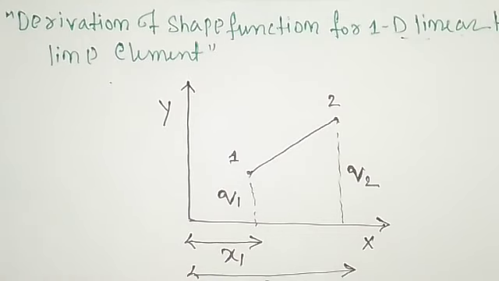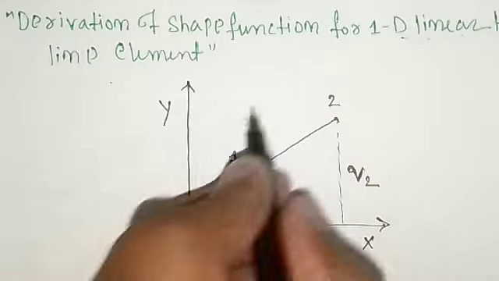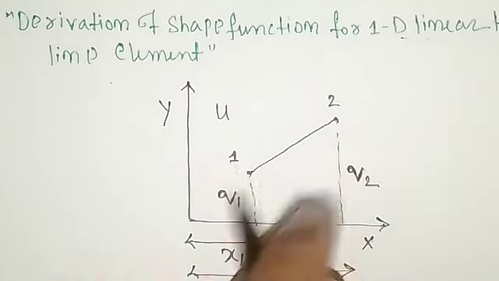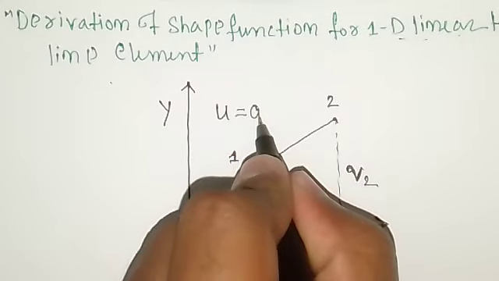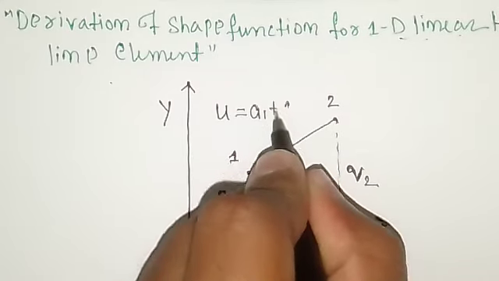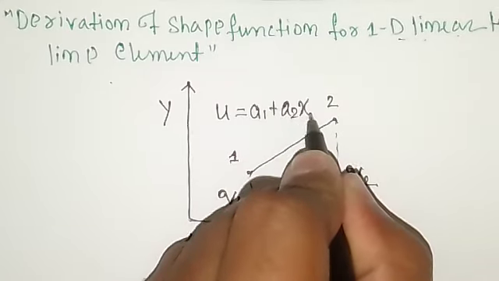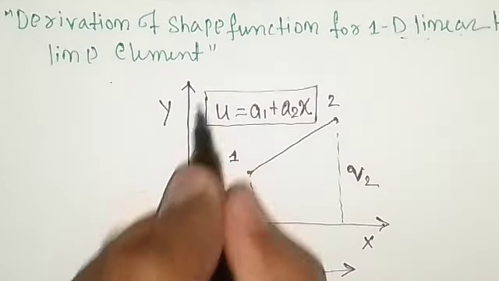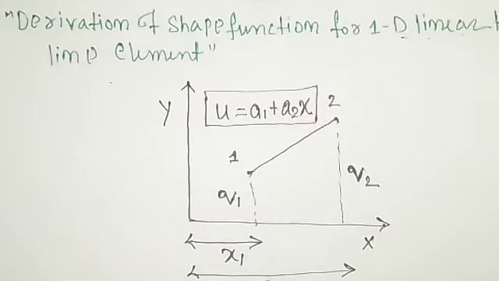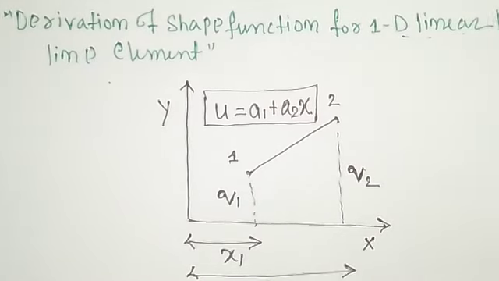So now we can say that the linear equation is that this element is following the linear function, u is equal to a1 plus a2 into x, right? So this is the linear equation we consider for this element. Now we need to derive that relation for the step function.